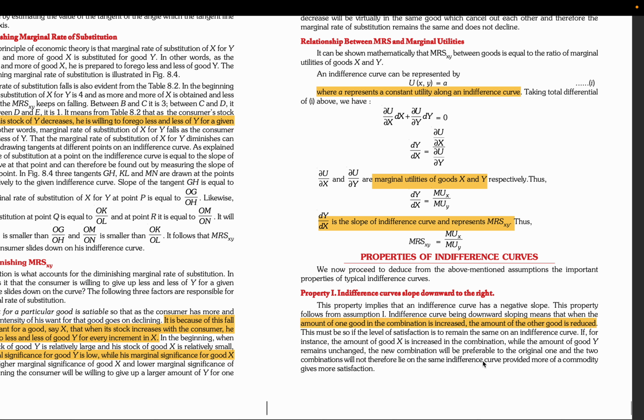This must be so if the level of satisfaction is to remain the same on the IC. If, for instance, the amount of good X is increased in the combination while the amount of good Y remains unchanged, the new combination will be preferred to the original one, and the two combinations will not therefore lie on the same IC.